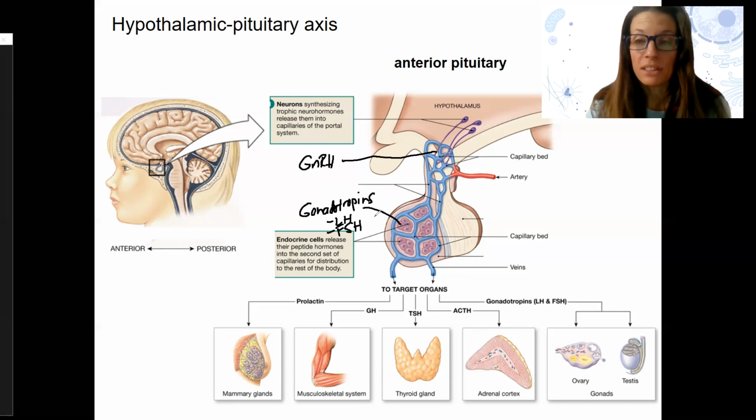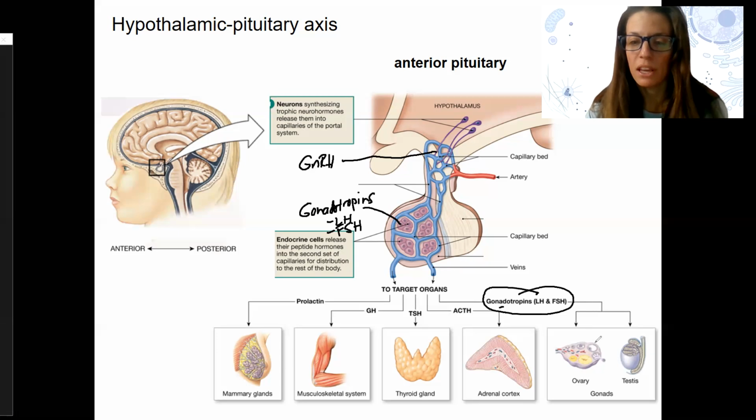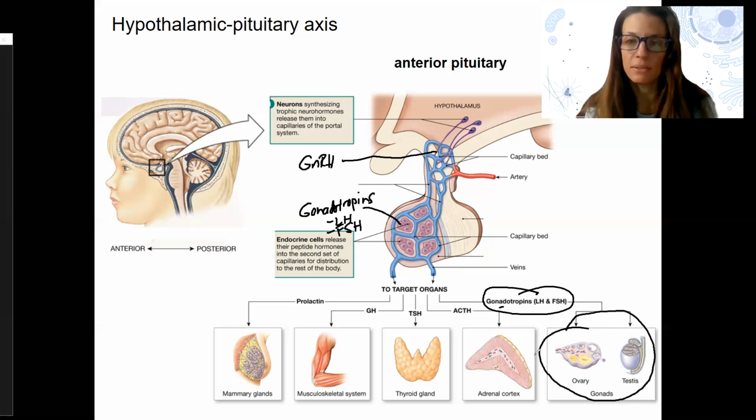The gonadotropins are going to target which ones of these target organs here? Here they are, right? They're being produced in these cells, but they're going off into the bloodstream, these gonadotropins, to target the gonads. Gonadotropins target the gonads, the ovaries, and testes.